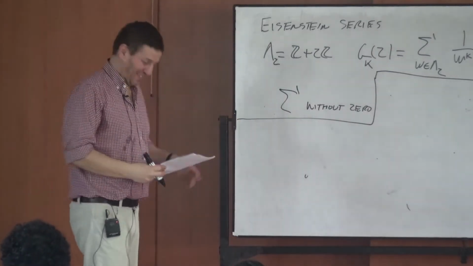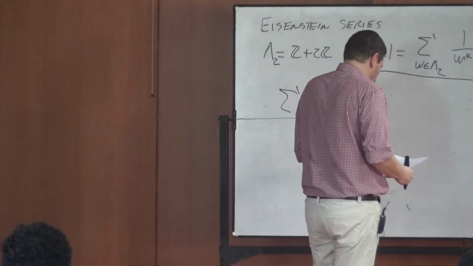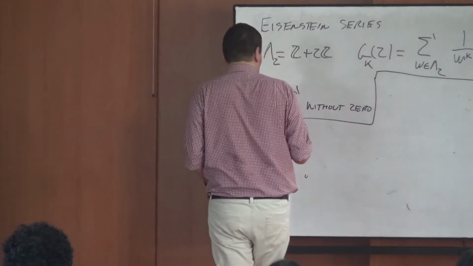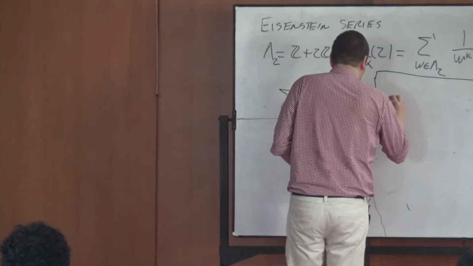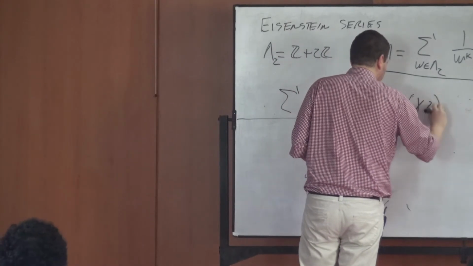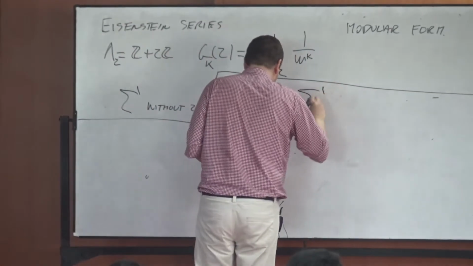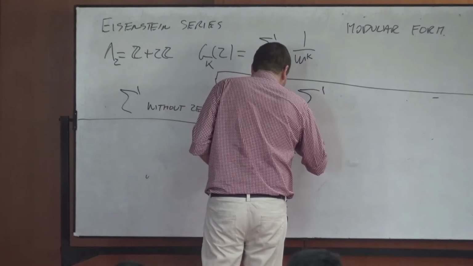But the series converges. So, the transformation formula. We have to compute g_k of gamma tau. What is this? This is the summation prime over m and n.